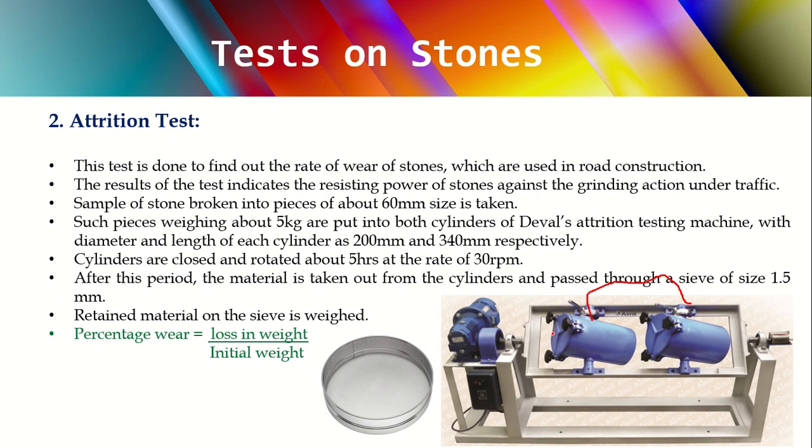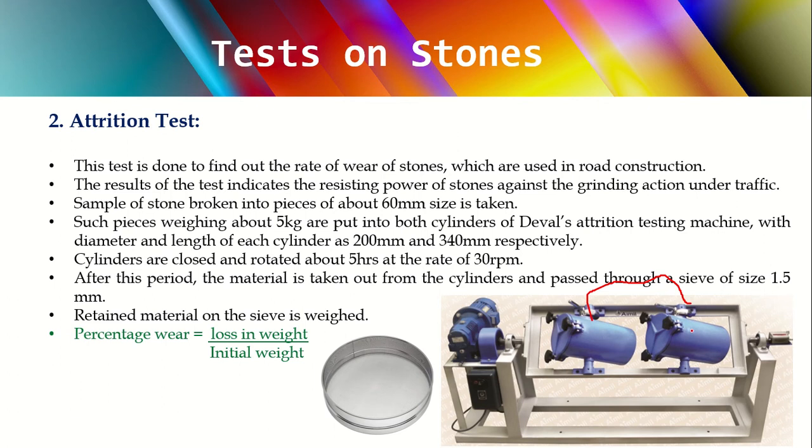The length of each cylinder is around 340 mm, means 34 centimeters, and the diameter is around 20 centimeters. So in each cylinder we now have 2.5 kg of stone sample and 6 spherical steel balls, similarly in the second cylinder.